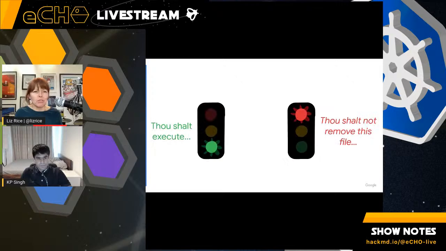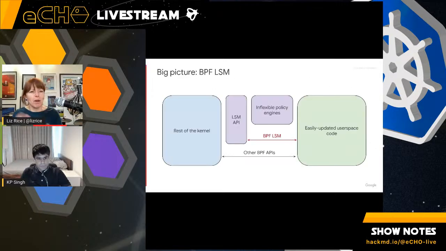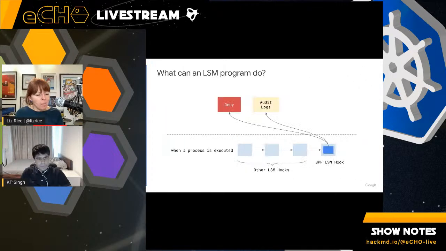I'm sure we'll talk shortly about K probes for system calls. LSM hooks are, I guess, one of the big differences is this ability to not just see what's happening, but actually influence what's happening. Make a decision: is this behavior permitted or not? Which I think is pretty different compared to, let's say, K probes.